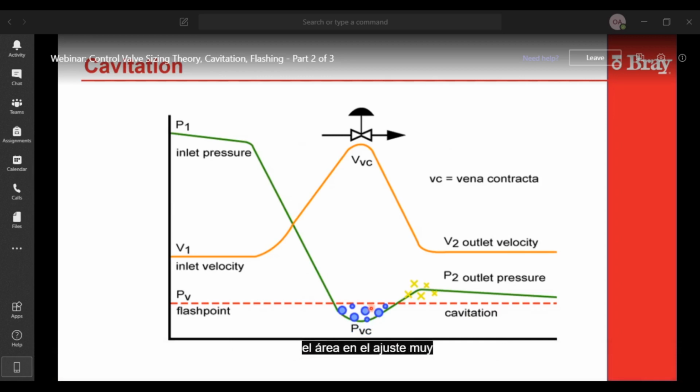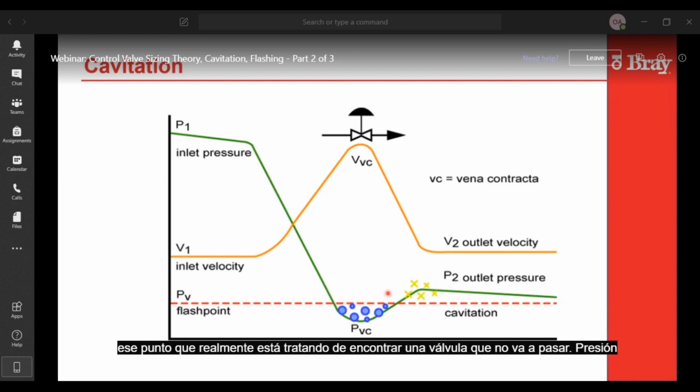Right, and because you're creating these bubbles, there's less room for liquid, so the liquid needs to accelerate even further to go through the same orifice, so the velocity increases a lot faster at that point. Yep. So you're really trying to find a valve that's not going to go through vapor pressure.